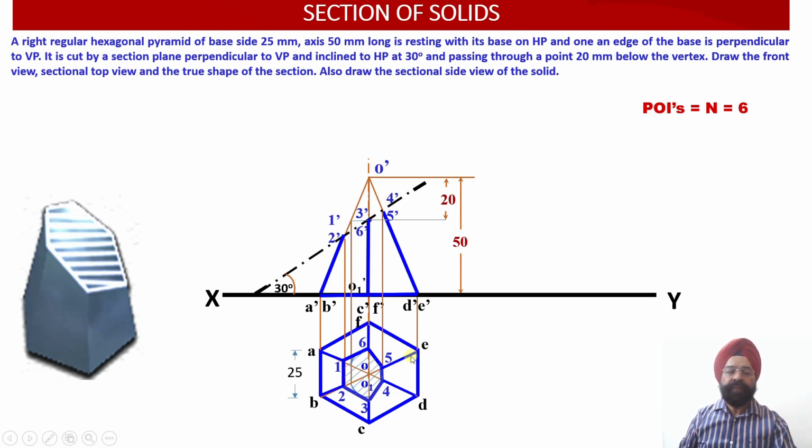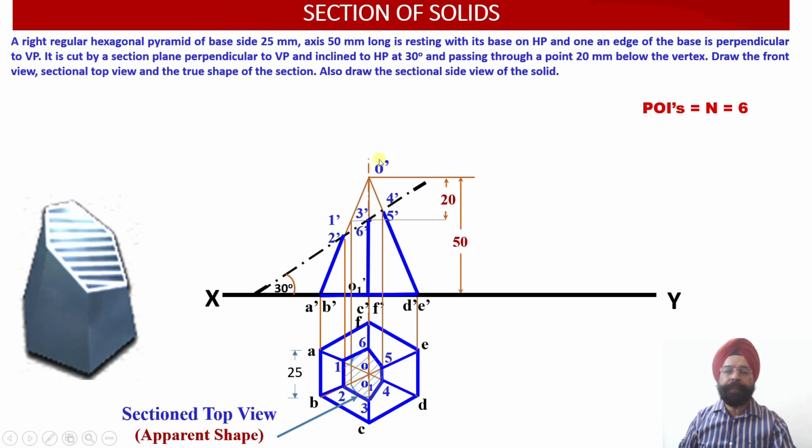So this way the top view has been obtained by showing the original solid, remaining one, and the cut section of the cut solid over here. So this is the apparent shape of the solid, or we call this the sectioned top view, because it does not show the true shape.